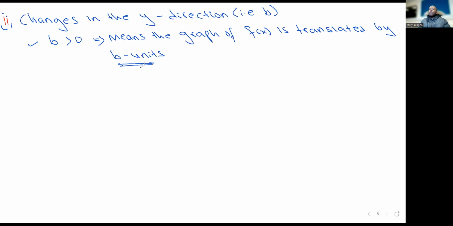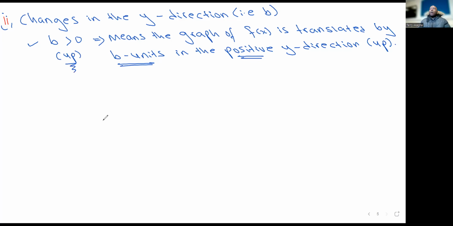Okay, it's translated by B units in the positive Y direction. So that means it's going up. Does that make sense? So when B is greater than 0, it means the graph is going to move up.